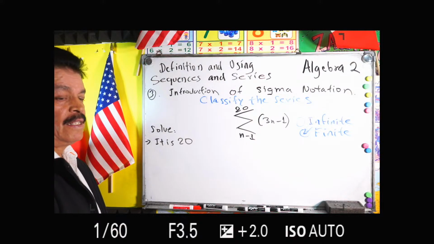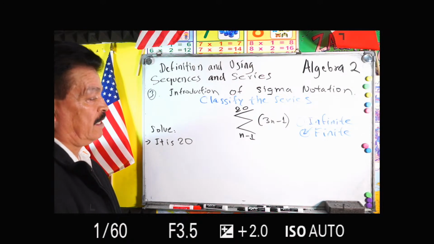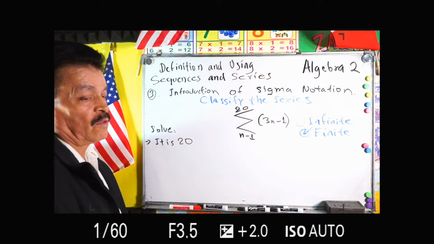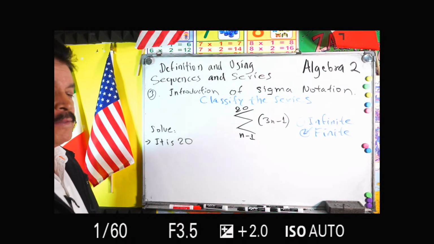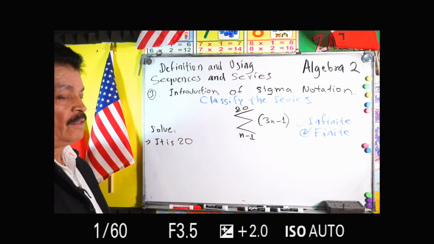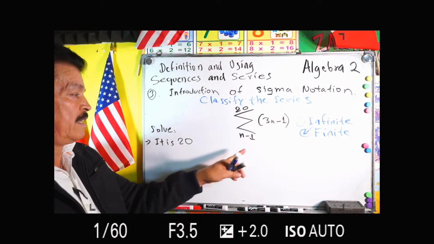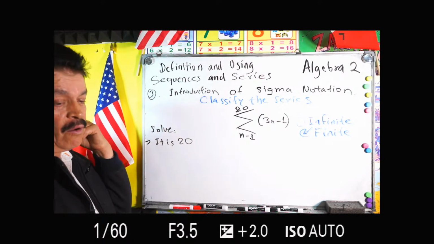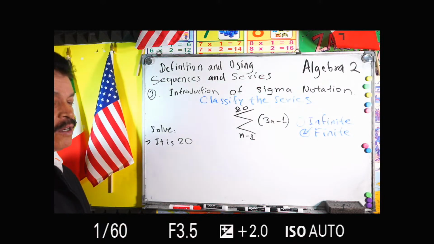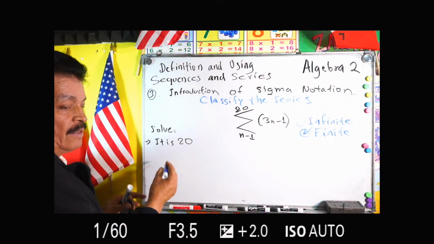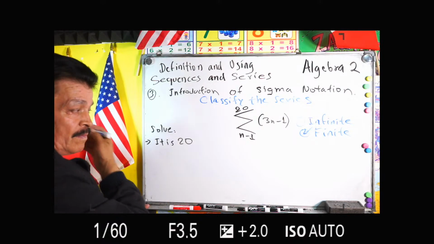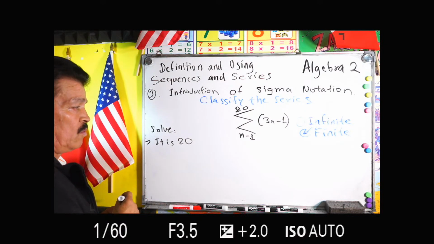There is one term for the index. So the lower index is n equals 1. So how do we write the conclusion here?